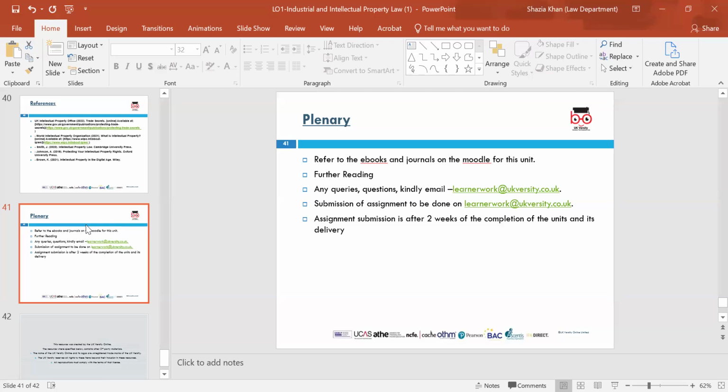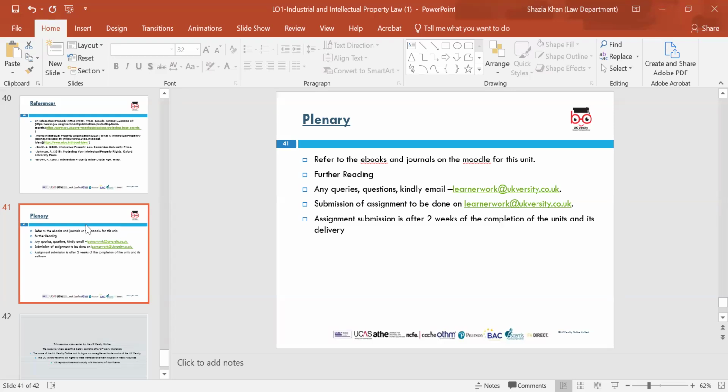Any queries or questions you have regarding this unit, industrial and intellectual property, email learnerwork@ukvarsity.co.uk. Submission of your assignment is also to be done at learnerwork@ukvarsity.co.uk, and we'll go through more of that during your assignment discussion, so you have more of an idea how to structure things and make sure you have completed the assignment in regards to the learning outcome and requirements.